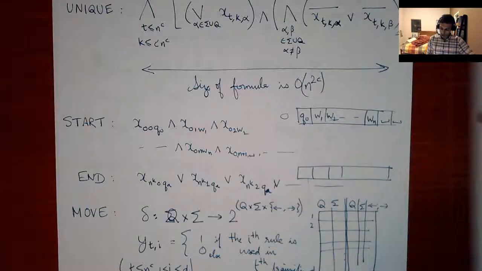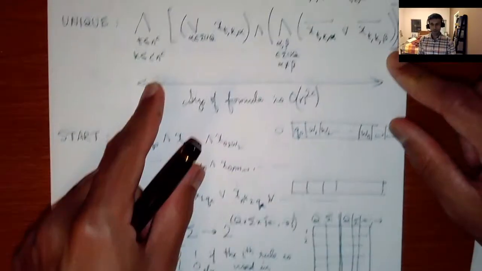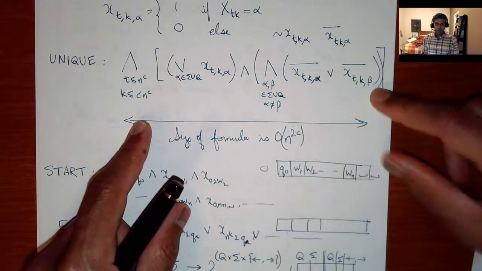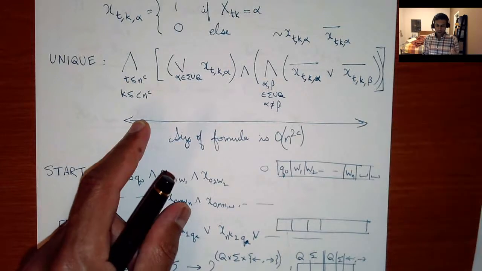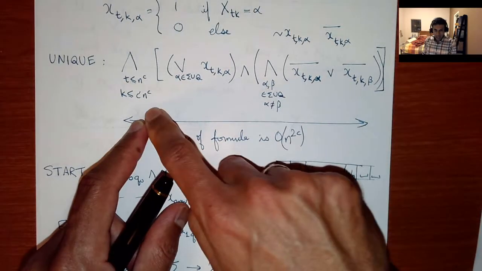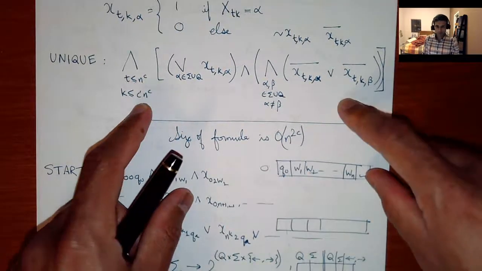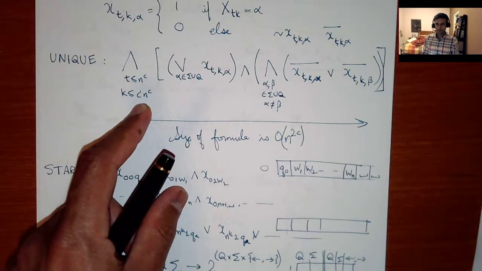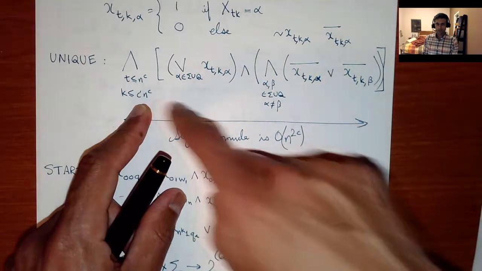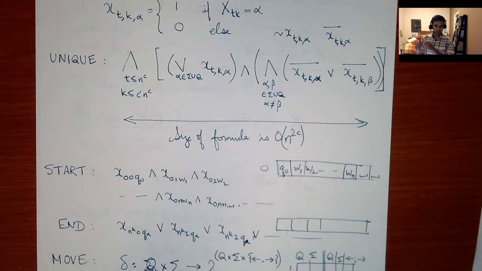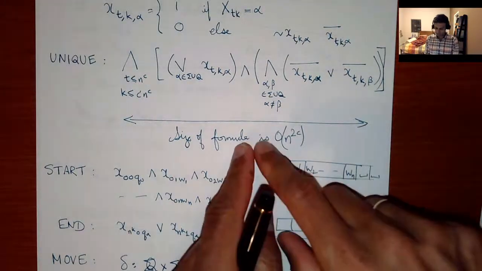So you look at this formula here. You can imagine writing an algorithm that would simply output this formula. This formula is actually independent of W. I've actually written down the formula, so you could write out the formula explicitly in whatever ASCII encoding you want.